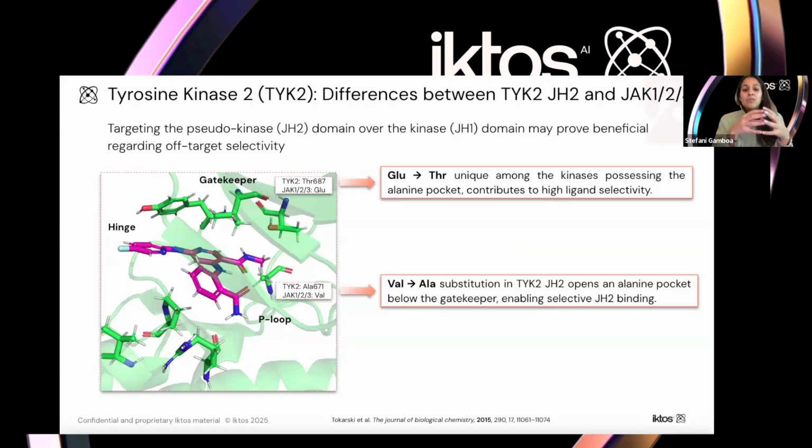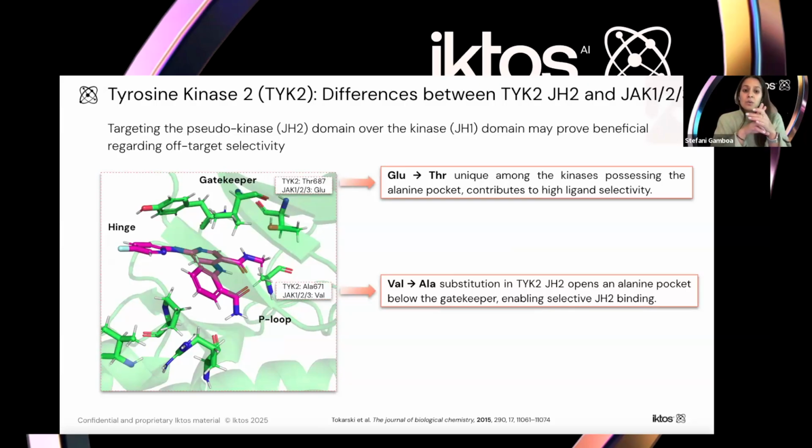The first key feature is the alanine substitution at position 671. In TYK2, this alanine creates extra space below the gatekeeper residues, forming what's known as the alanine pocket. This pocket does not exist in the other JAKs and is one of the main structural elements that enables selectivity.